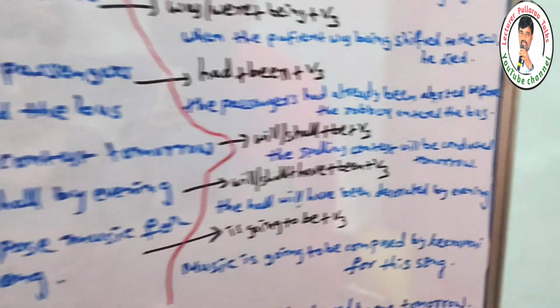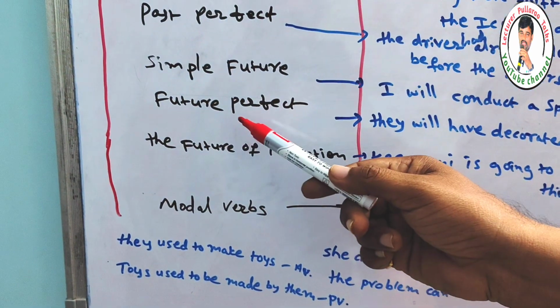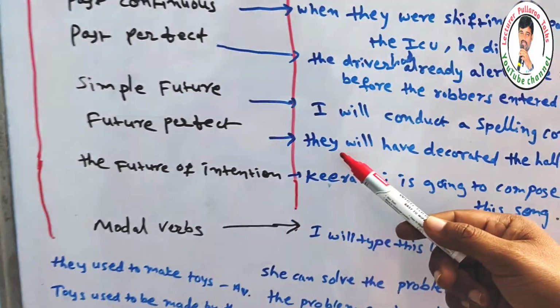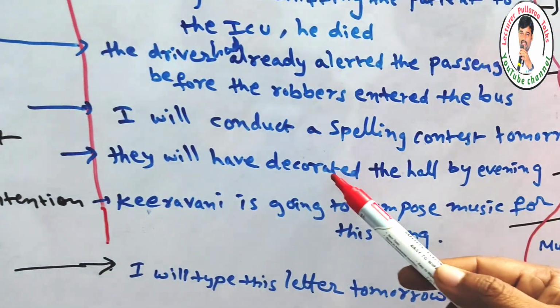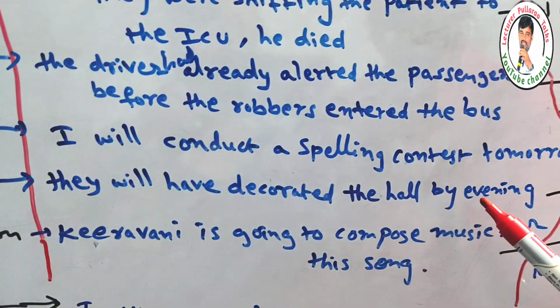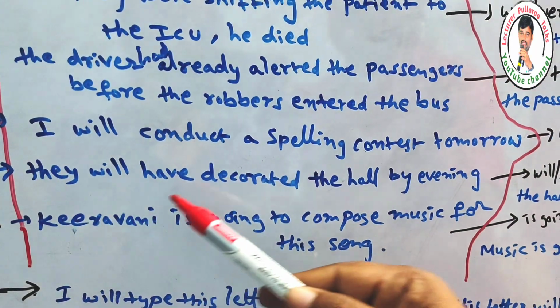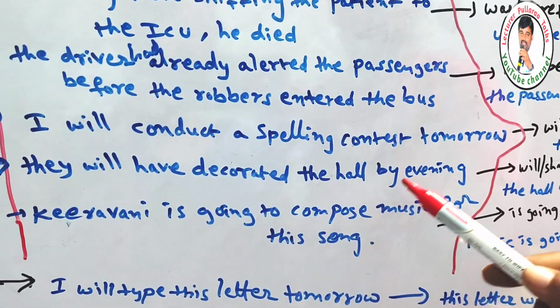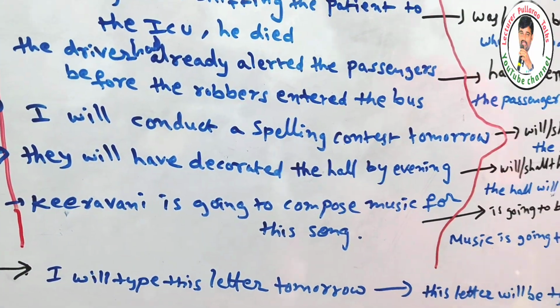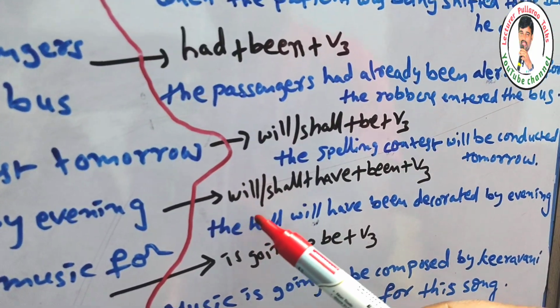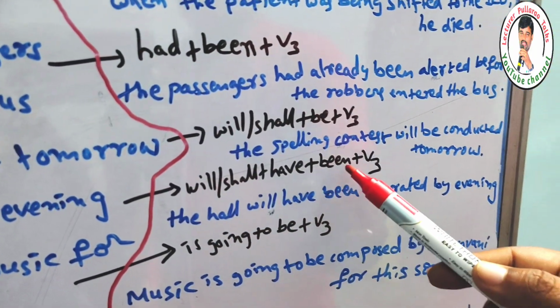And next, future perfect. This one: They will have decorated the hall by evening. Now, begin with the hall. The structure is will or shall plus have plus been plus V3.